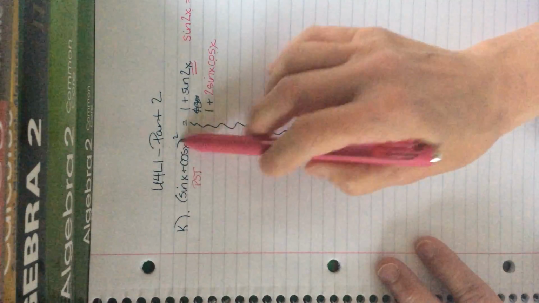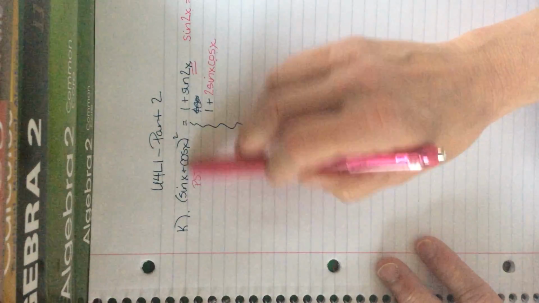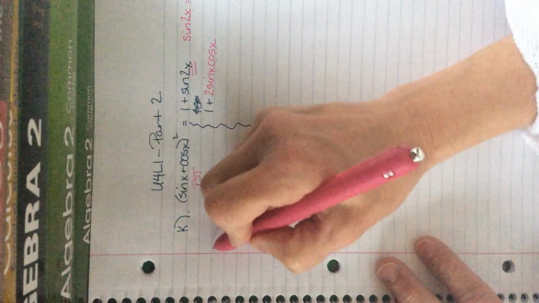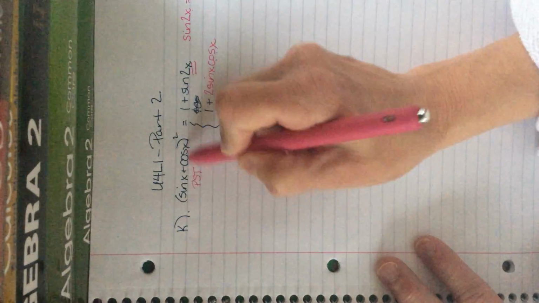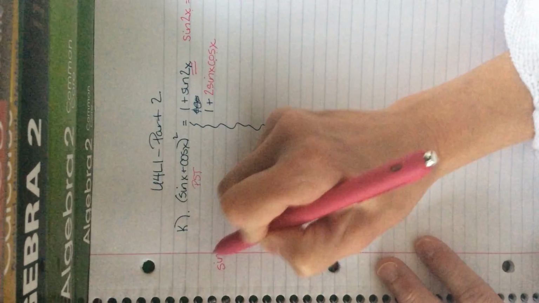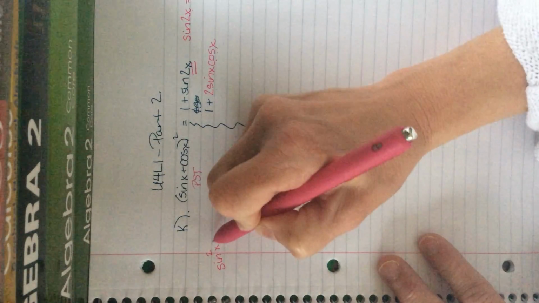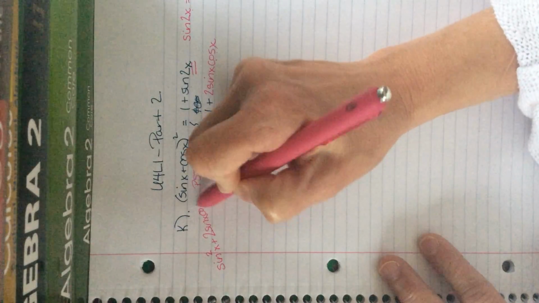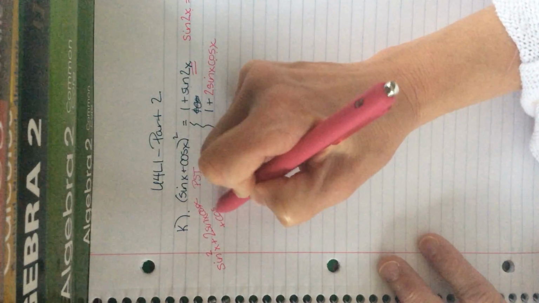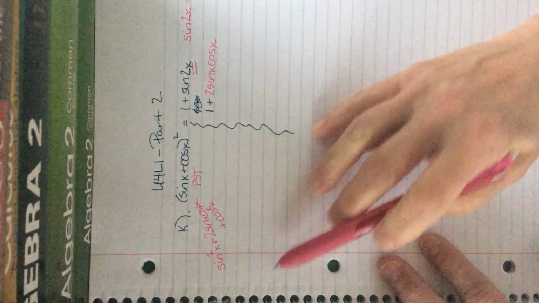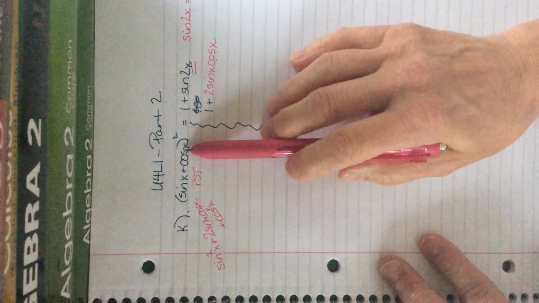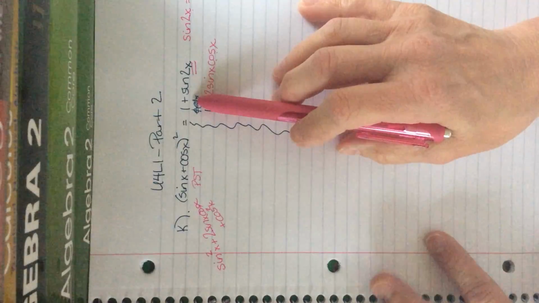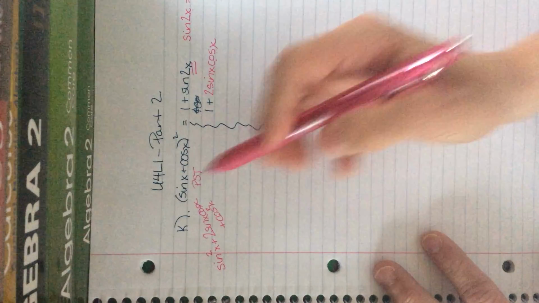If you were to multiply this out, your PST for this would be sine squared x plus 2 sine x cosine x plus cosine squared x. I probably should not have written it there, but if you were to write this out twice and FOIL, this is what you would get.